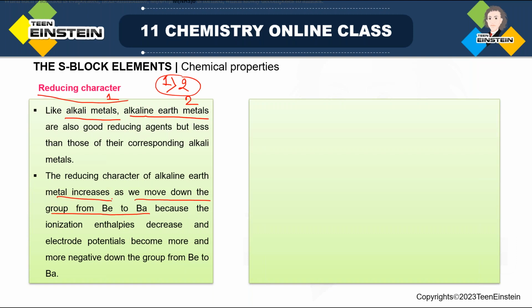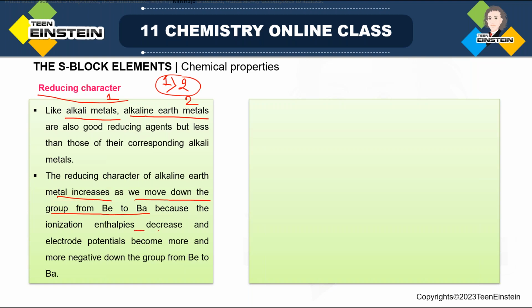Again, that is according to our expectation, because when you move down, metallic character is increasing, and that means reducing character will also increase. You can also explain it in terms of ionization enthalpy. Down the group it decreases, so you can easily remove the electron, so it can easily feed the electron to some other species. That is actually the reducing character, right?